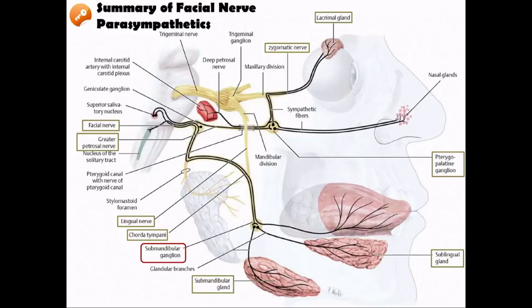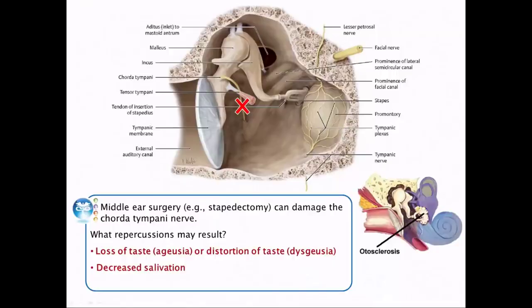Sympathetic innervation, which inhibits salivation of the submandibular and sublingual glands, is carried through the external carotid nerve plexus. In your studies of this material, use this slide as a way to succinctly summarize the parasympathetic pathways related to the facial nerve.